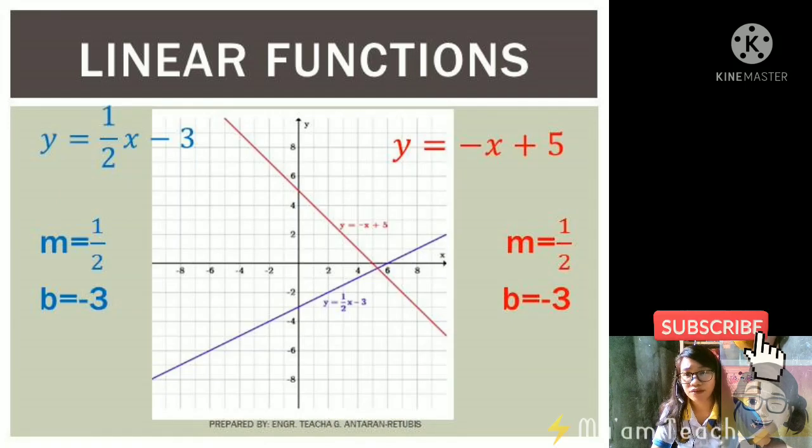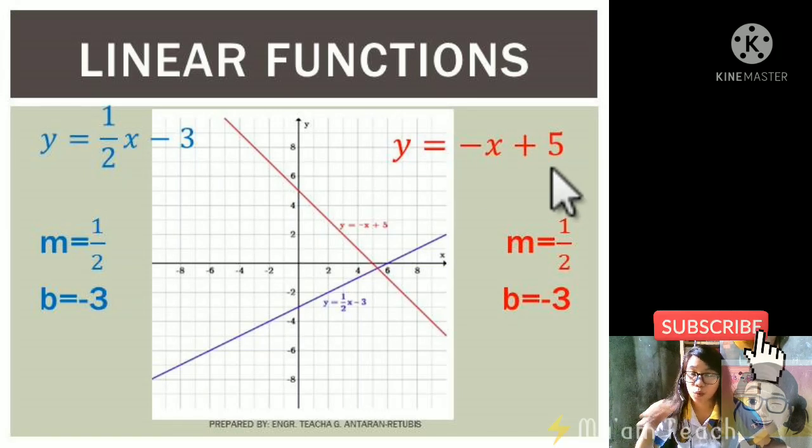Now let us have an example here. We have a figure with two lines. The blue line, class, has the equation y equals 1/2 x minus 3, while the red line has the equation y equals negative x plus 5.